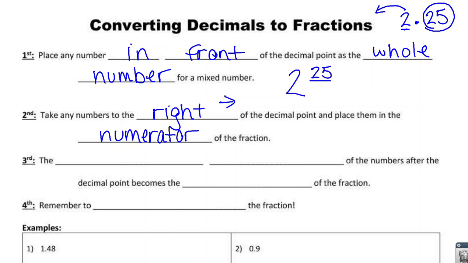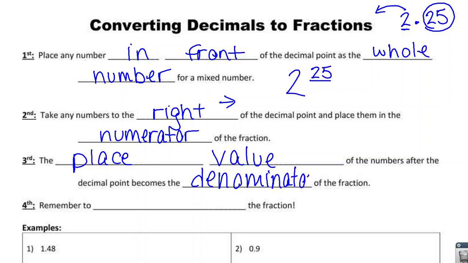Then it says the place value of the numbers after the decimal point become the denominator. So this is where place value comes into play. This 25 is in the hundredths place. So this is 25 hundredths.